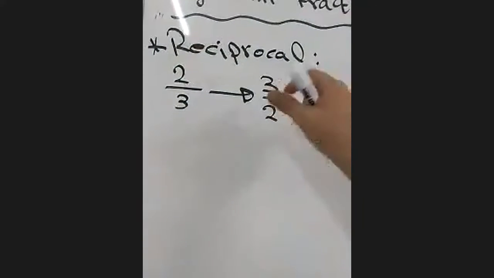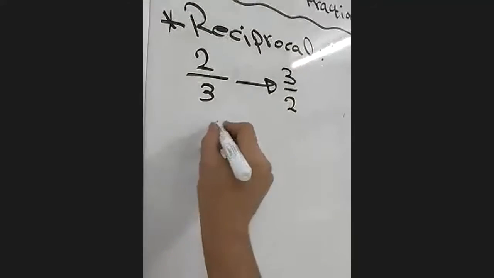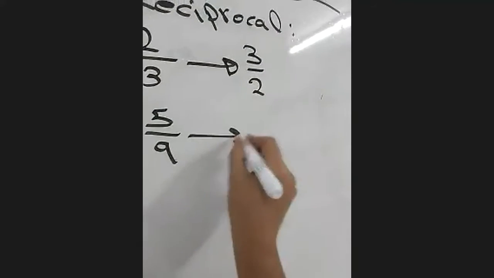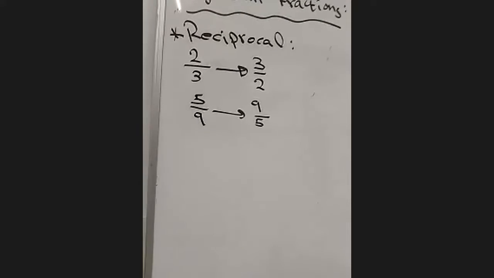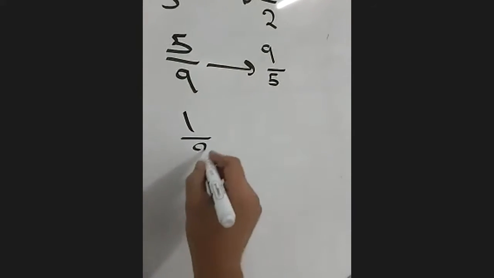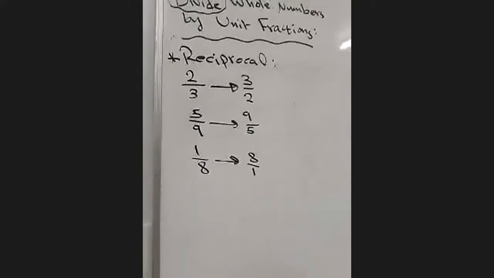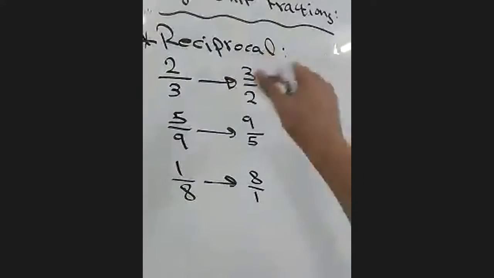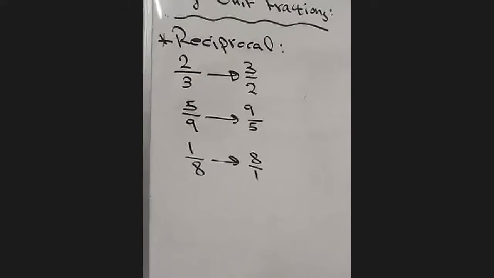Reciprocal means we flip the fraction. For example, the reciprocal of 5 over 9 is 9 over 5. The reciprocal of 1 over 8 is 8 over 1. The numerator will be denominator and the denominator will be numerator.